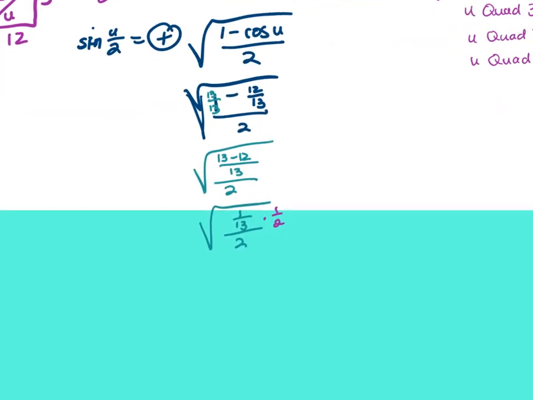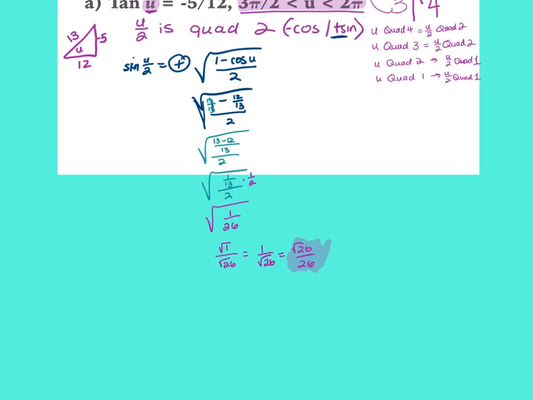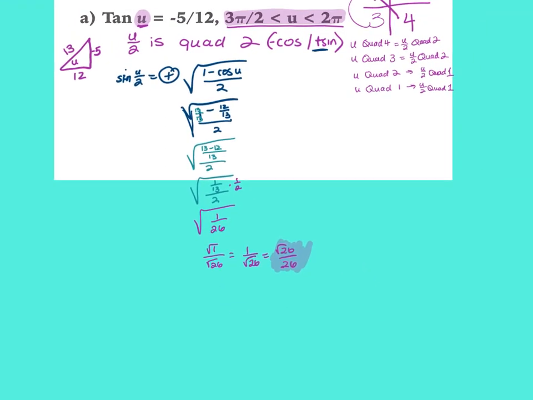Keep change flip: square root of 1 over 26, which becomes square root 1 over square root 26, 1 over root 26, or root 26 over 26. And we said, because U over 2 would be in the second quadrant, my sign is positive.